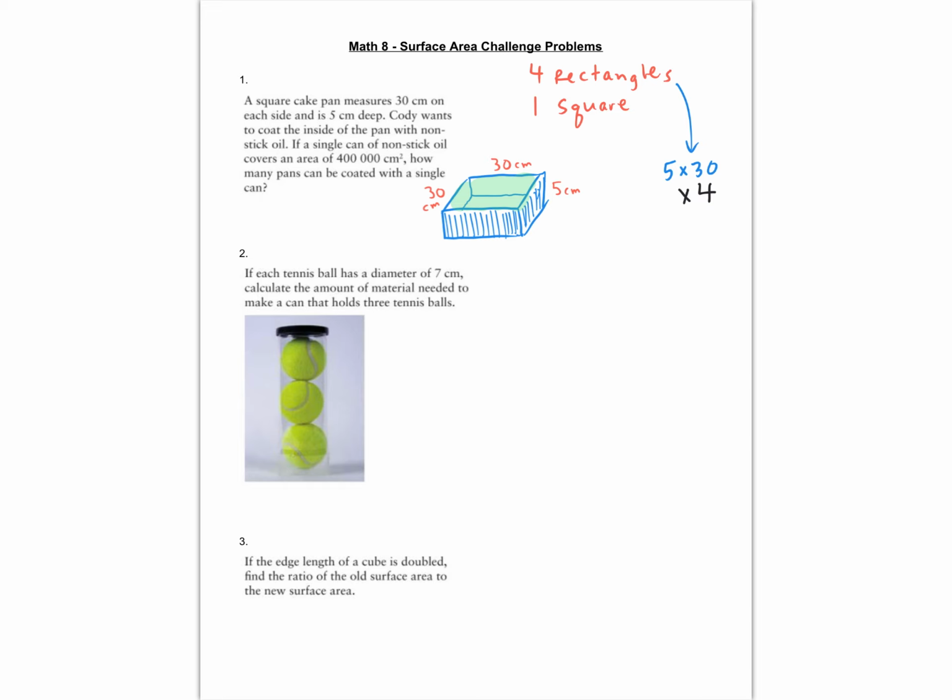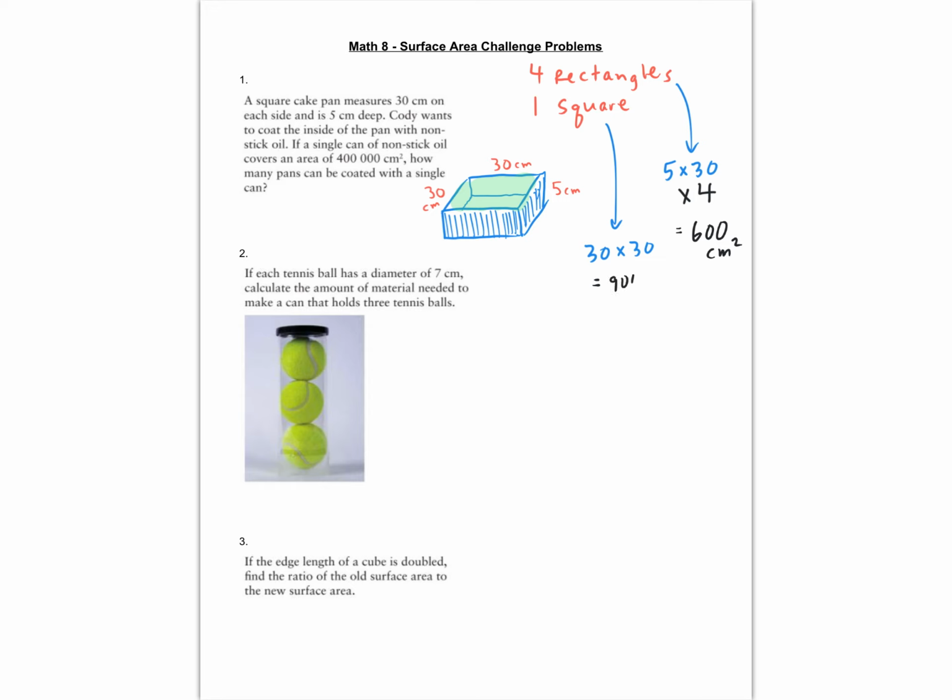And then the square on the bottom is simply 30 by 30, okay? So the surface area of the inside edges, the 4 edges, is going to be 150 times 4, which gives us 600 centimeters squared.